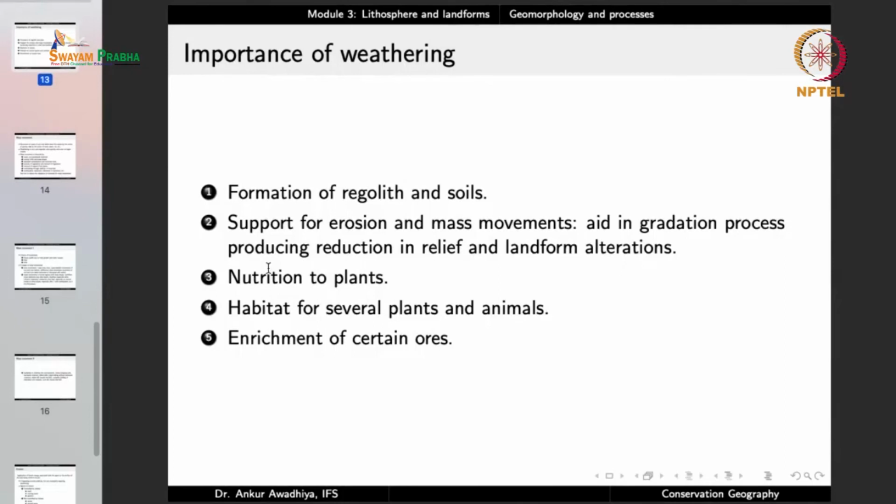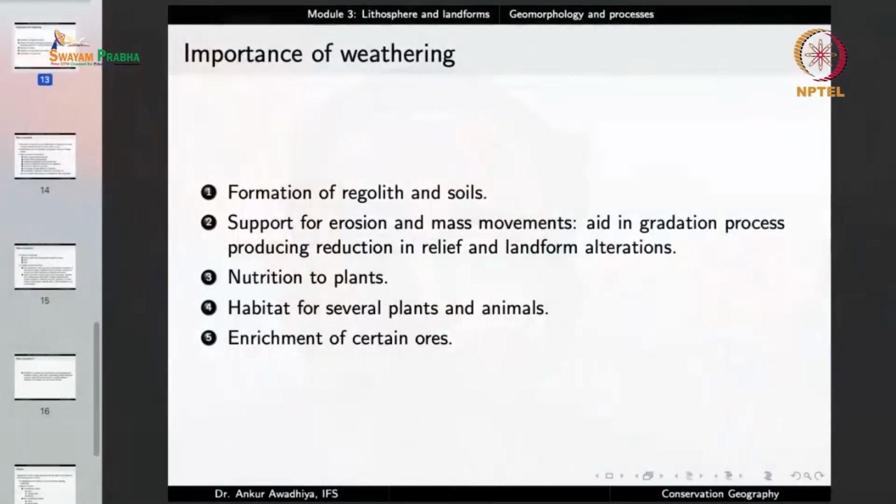And so, through the generation of smaller fragments, the process of weathering aids in the gradation processes. It aids erosion. It also aids mass wasting, which means movement of matter because of gravity. We'll look at mass wasting in a short while. Weathering also releases the minerals that are in the rocks, which provide nutrition to plants.